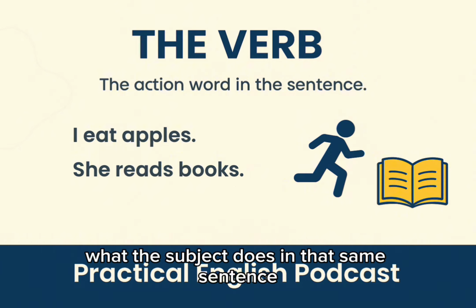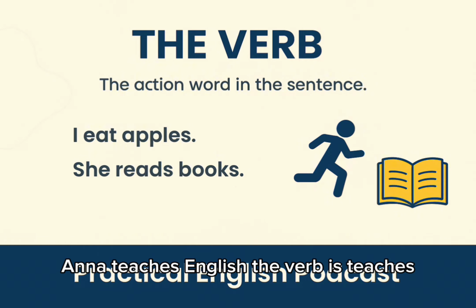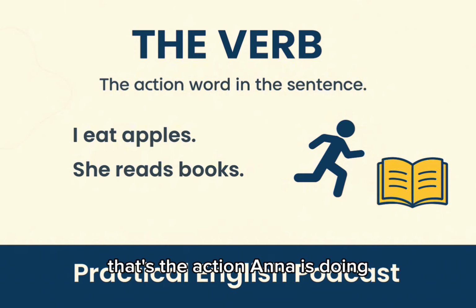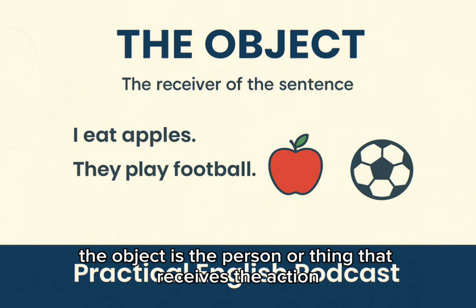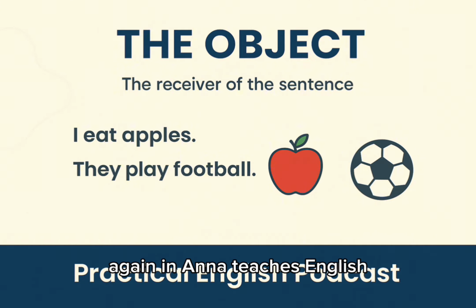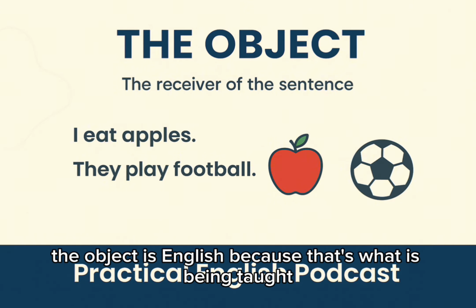In that same sentence, Anna teaches English, the verb is teaches. That's the action Anna is doing. And finally, the object is the person or thing that receives the action. Again, in Anna teaches English, the object is English because that's what is being taught.